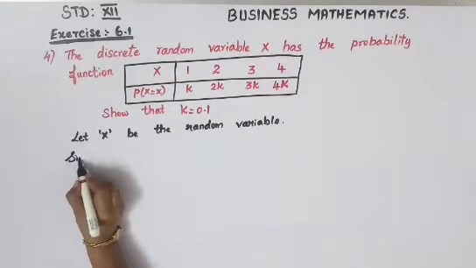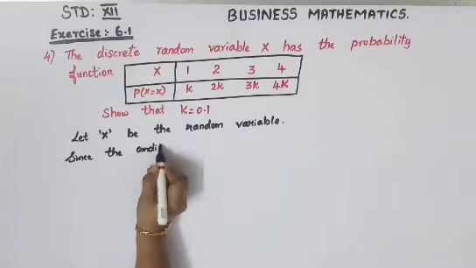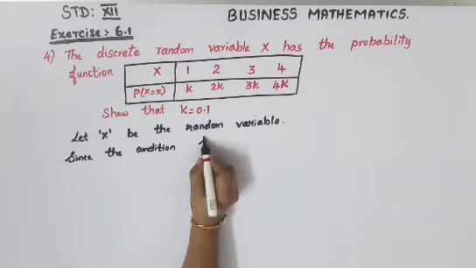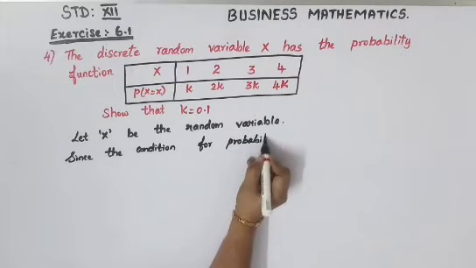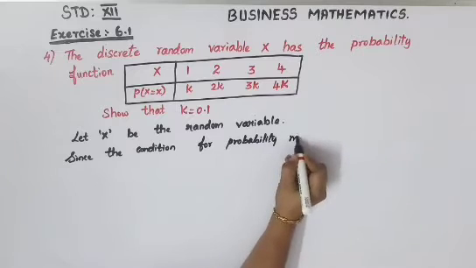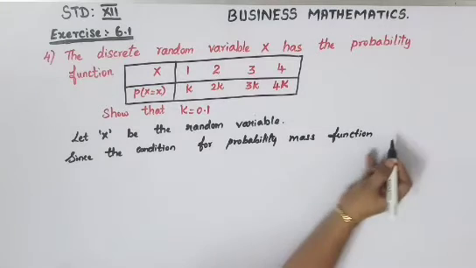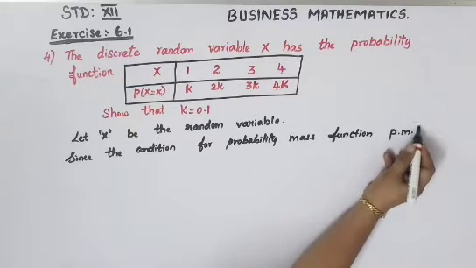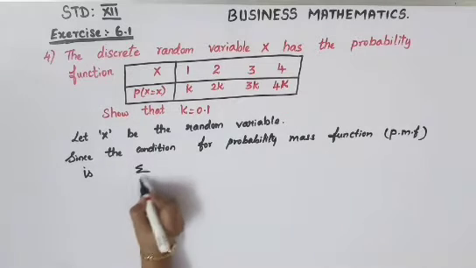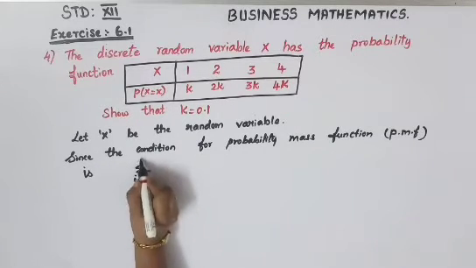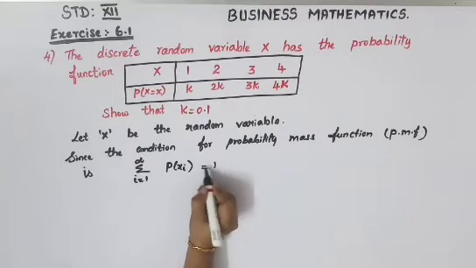So since the condition for probability mass function, that is PMF, probability mass function, your condition is sigma i is equal to 1 to infinity, P of xi is equal to 1.